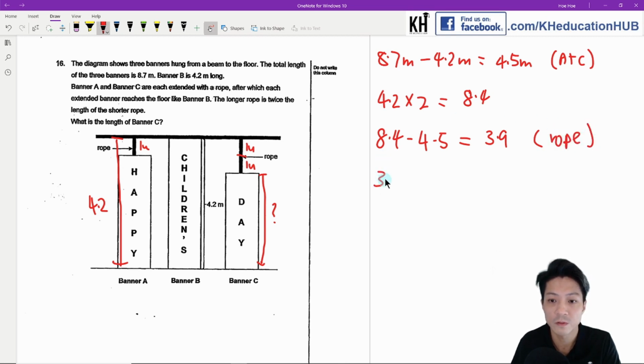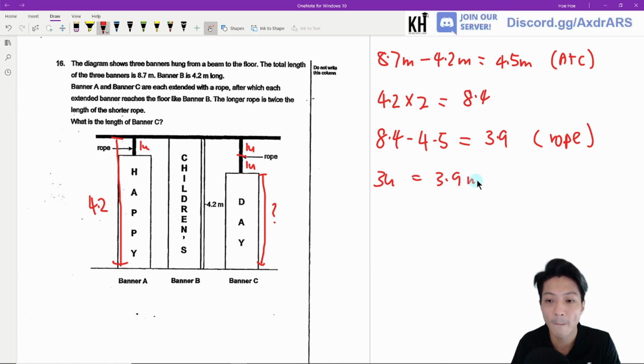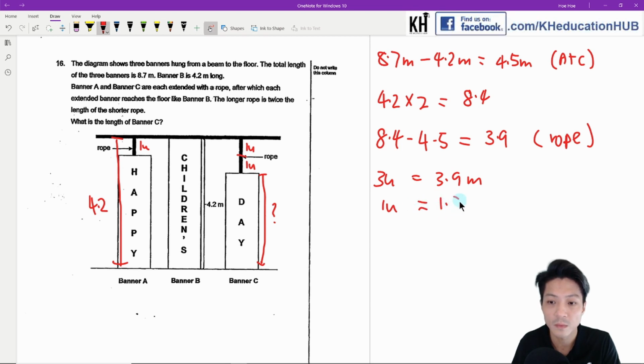And the length of the rope is 3 units, right? So 3 units is equal to 3.9 meters, and 1 unit will be equal to 1.3 meters.